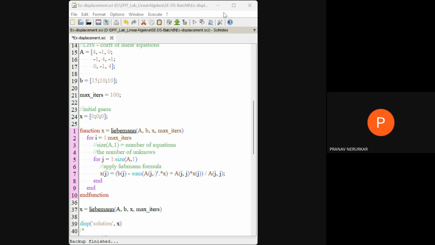You can look at some other one. If it is getting solved, that means the implementation is correct.